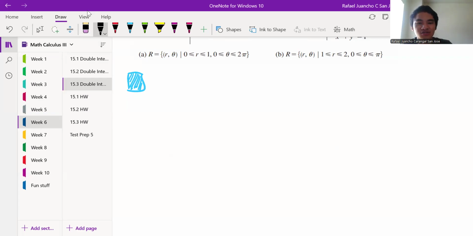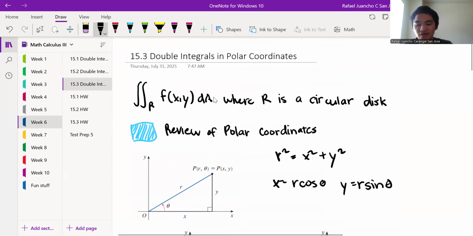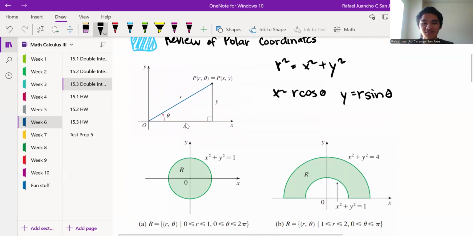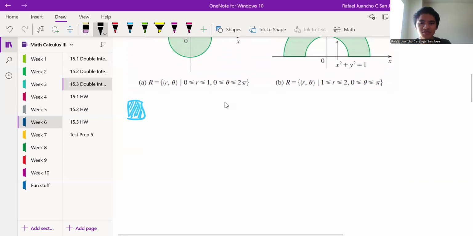And we've noticed that they are pretty useful when evaluating double integrals, especially when our region is kind of circular. So not necessarily something like a square or something else entirely, right? So it's just another technique for us to work with double integrals at the end of the day.